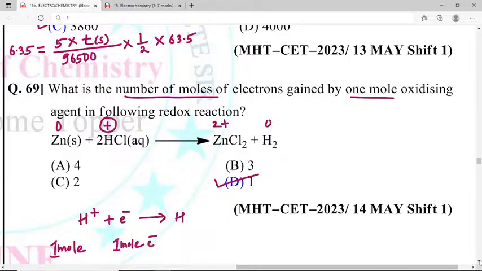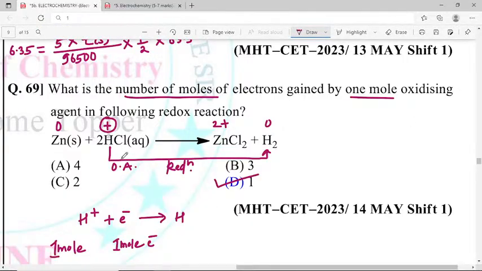So plus 1 to 0, this is reduction, and this is the oxidizing agent, because the oxidizing agent itself undergoes reduction.